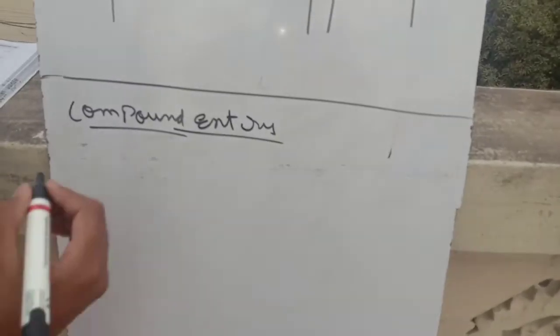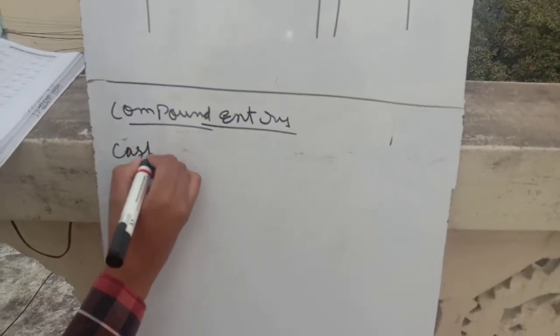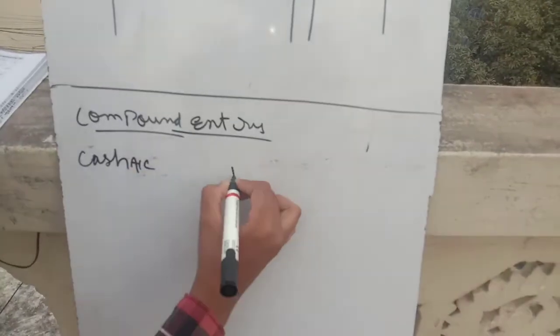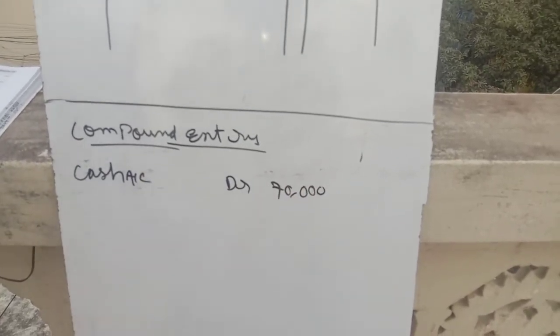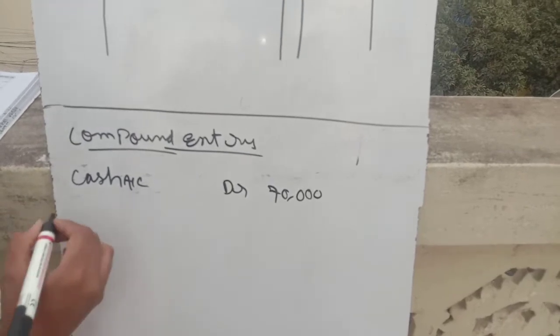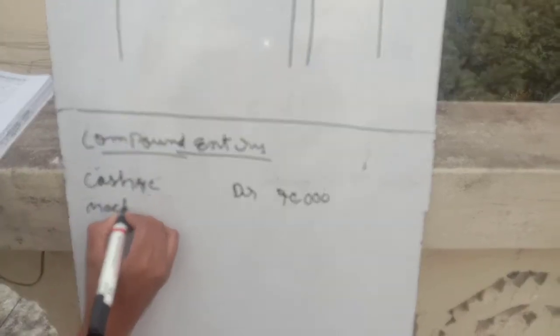Here the entry is: Reddy started business with cash 70,000. Cash is coming into the organization, right? So first we will debit the cash account by 70,000. And also machinery. The machinery account should be debited by 30,000.